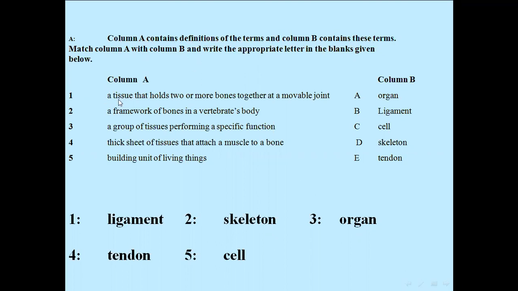Here we have the first one: a tissue that holds two or more bones together at a movable joint called organ, ligament, cell, skeleton or tendon. So a tissue that holds two or more bones together at a movable joint is called ligament.